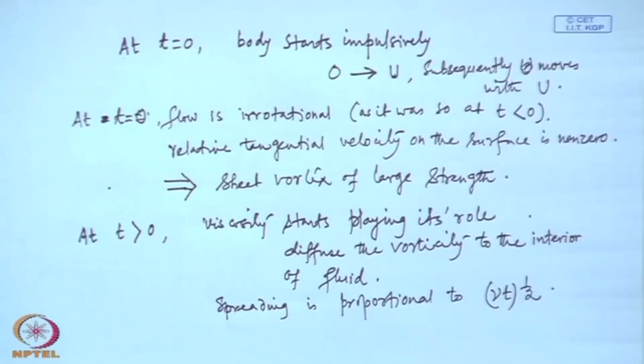Nu is the kinematic viscosity and t is the time. So, after time t, because of viscous action, the vorticity can spread up to a distance of nu t to the power half. Nu t has a dimension of length or length square. What is the dimension of nu t?